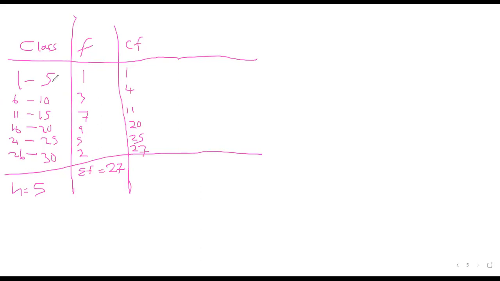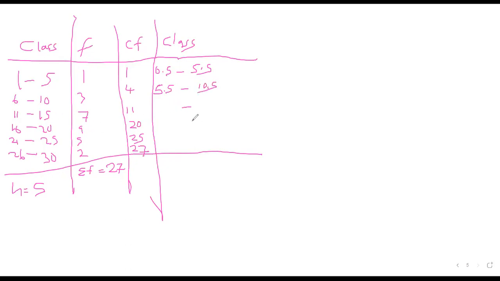So if you're adjusting them, you add 0.5 to the upper bounds and subtract 0.5 from the lower bounds. The new first class will be 0.5 to 5.5. Here, subtracting 0.5 would give 5.5 to 10.5.